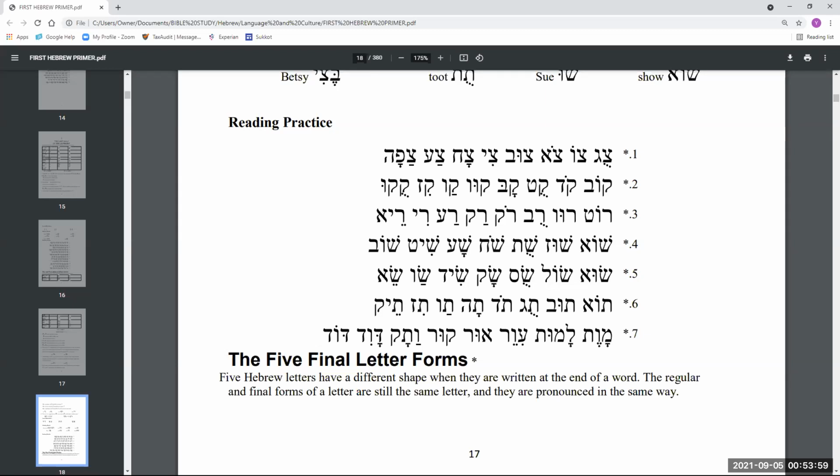Okay, so there's a kuf and a shrug, and we're forgetting that that's a vav or a wa. So ku. There you go. Okay. Ku, right?